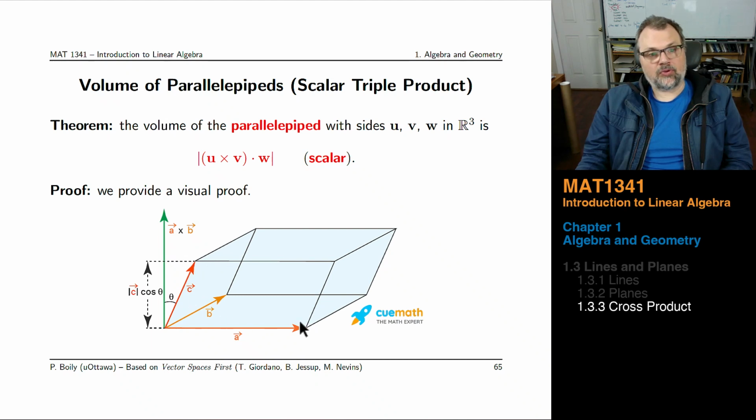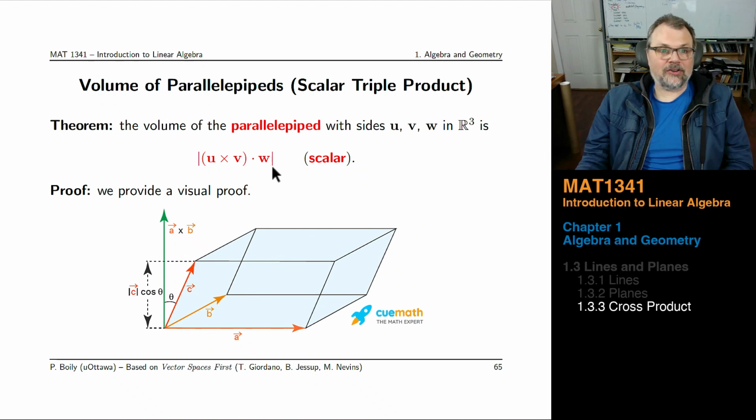And there's a proof here, which is mostly a visual proof. Replace U by A and V by B and C by W, and then you will get the actual representation of this proof.